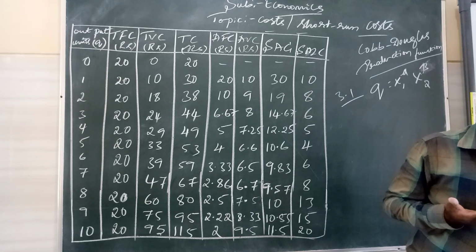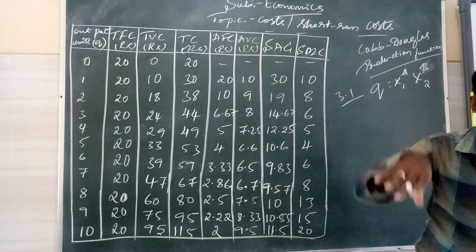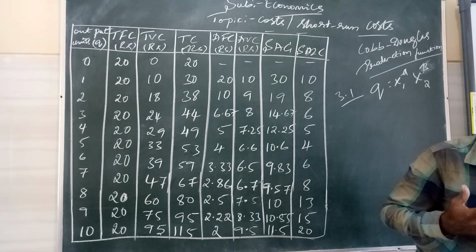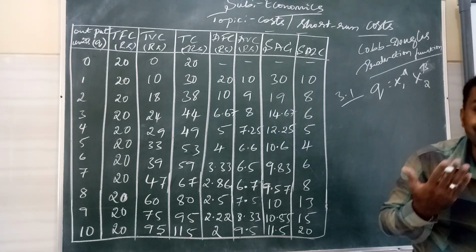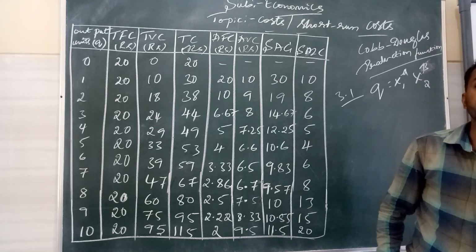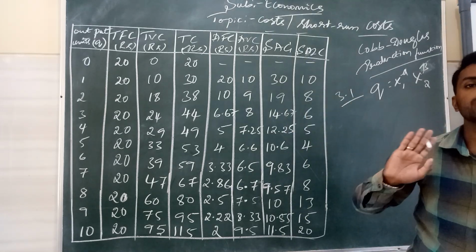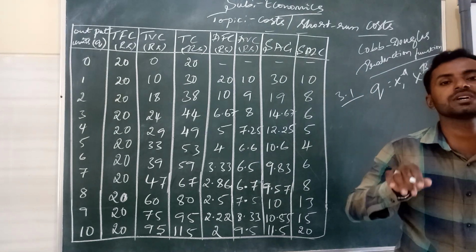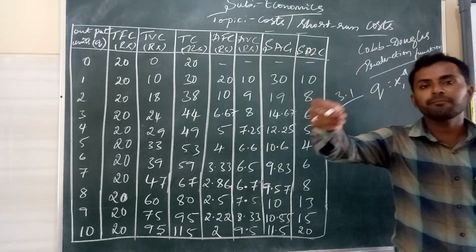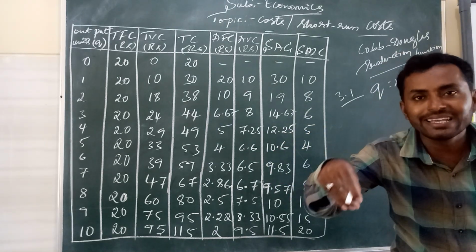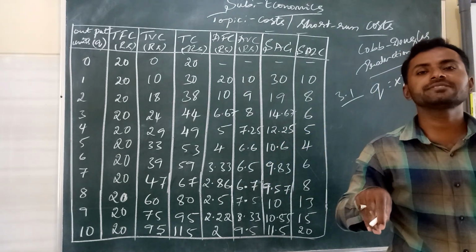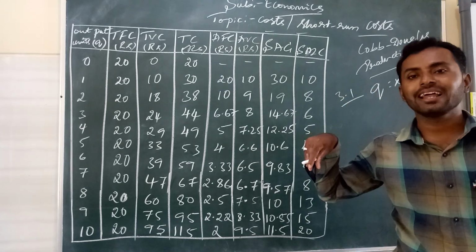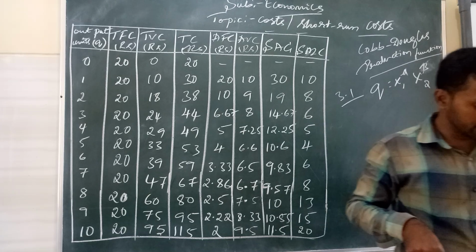See, on the basis of input prices, the firm will choose the combination which is the least expensive. There are many input combinations, and among them the firms or producers will prefer the least expensive combination. Only that they will select for the production process.